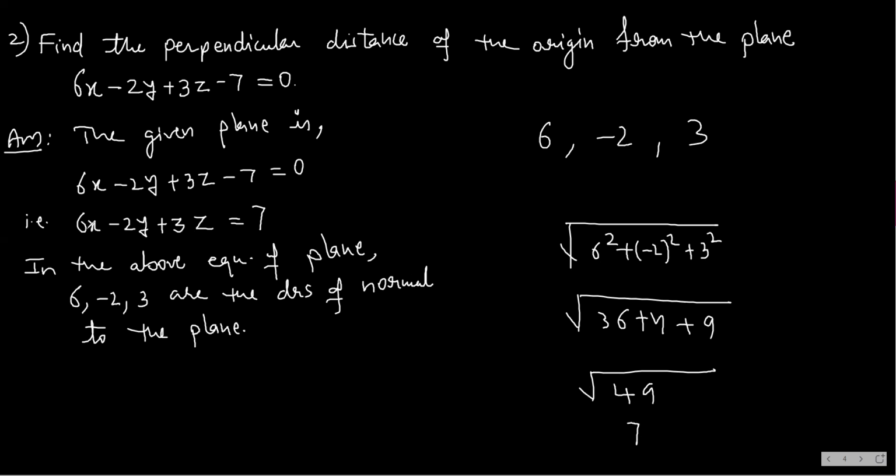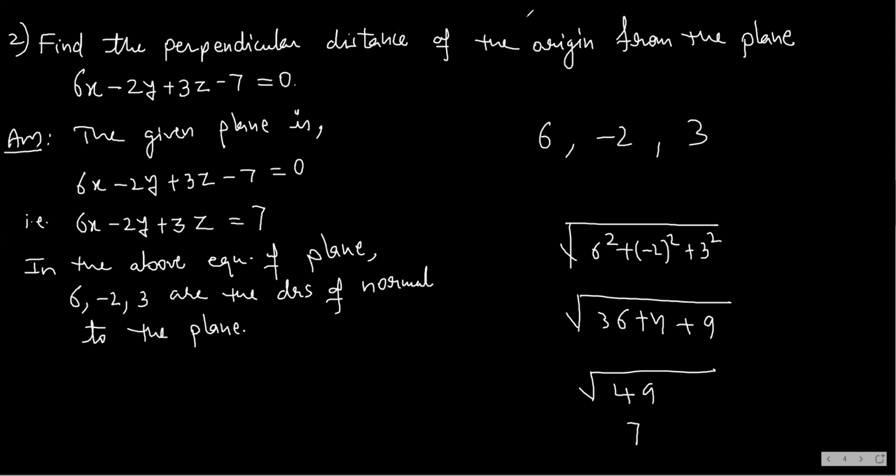See, I want these numbers, which are DRs, to be converted into DCs. The idea is I divide each one of them by the square root of the sum of squares of these numbers.